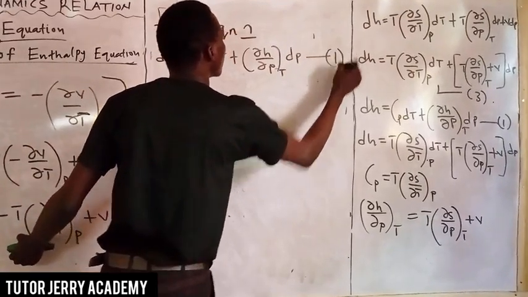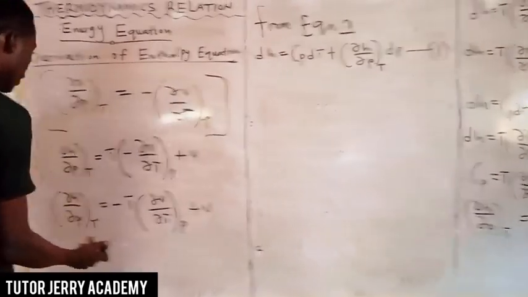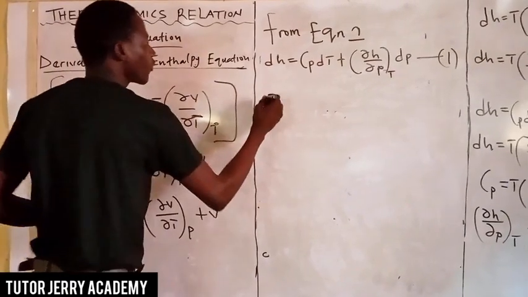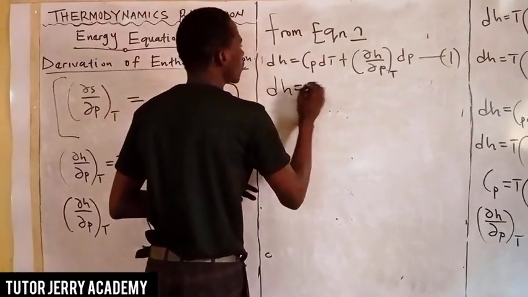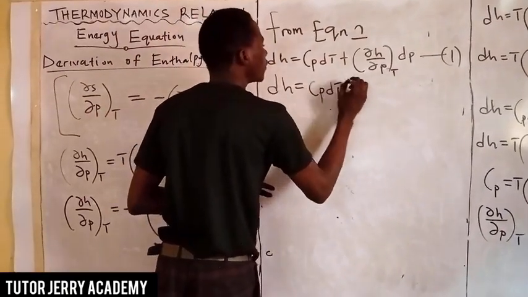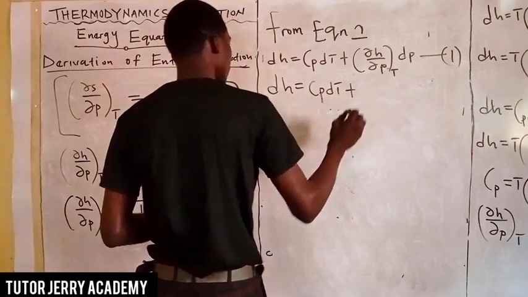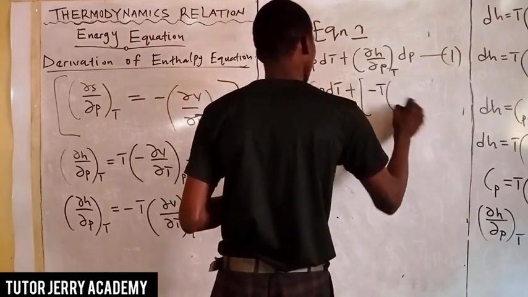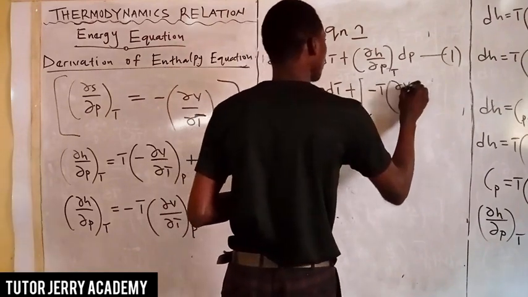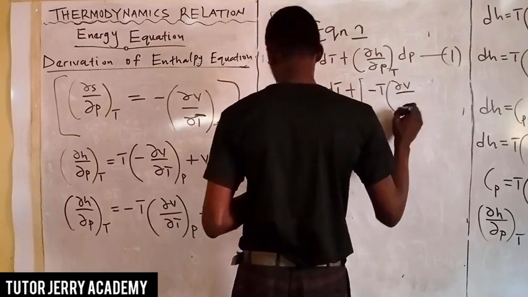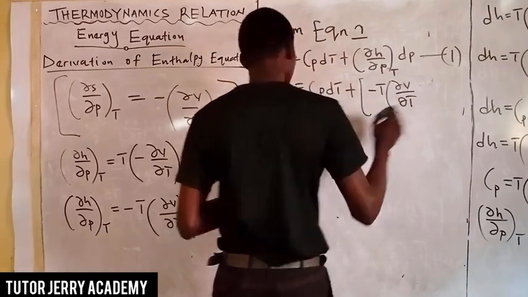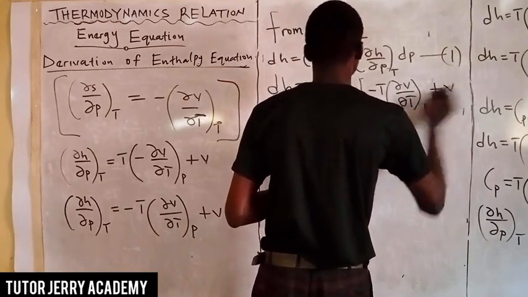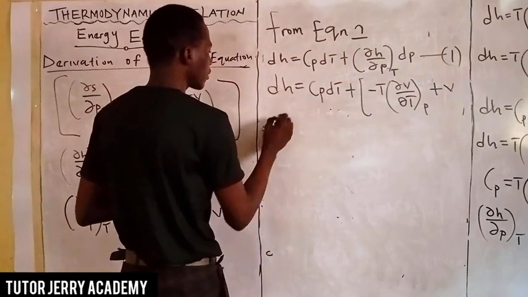So we are going to substitute this value into equation 1. If we do that, dH will be equal to Cp dT plus the bracket of minus T into the partial derivative of V over the partial derivative of T, keeping P constant, plus V. So this is dH.